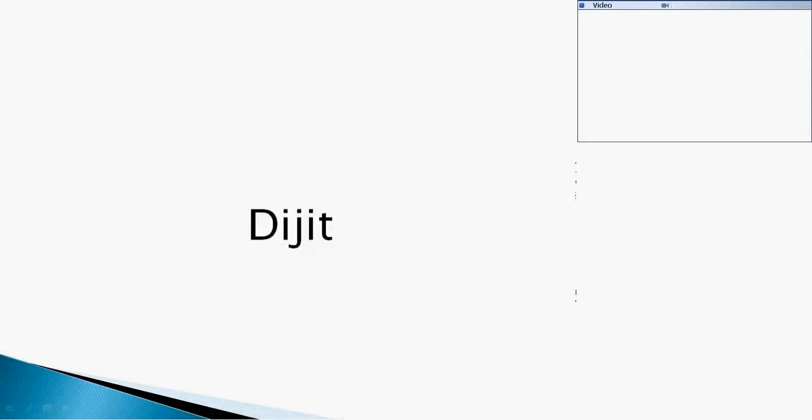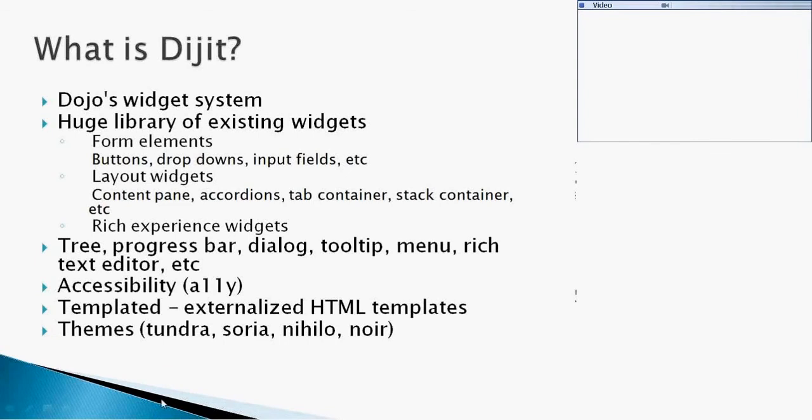So dijits are a bit special. I mean, they are widgets. They encapsulate three things: HTML, JavaScript, and CSS for that particular widget. They take care of their own presentation. So they are quite handy. If you have created one widget, you can use it any number of times in your page or inside your application, and they are very useful.